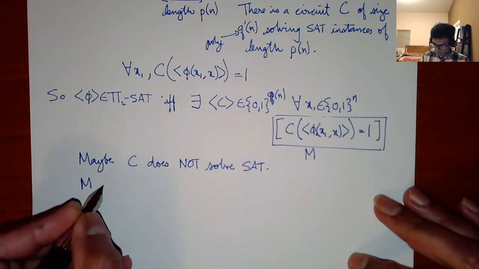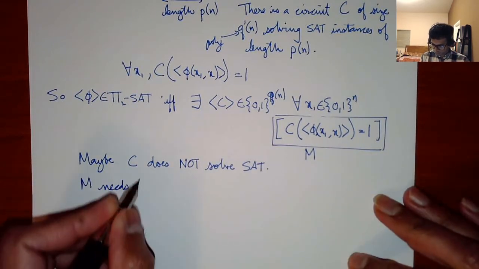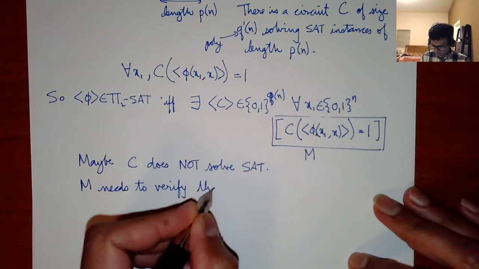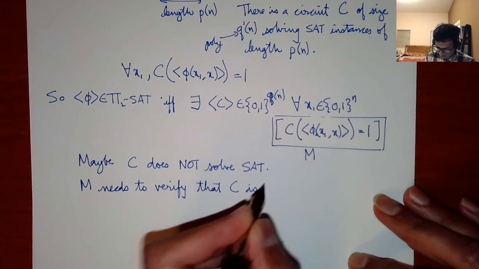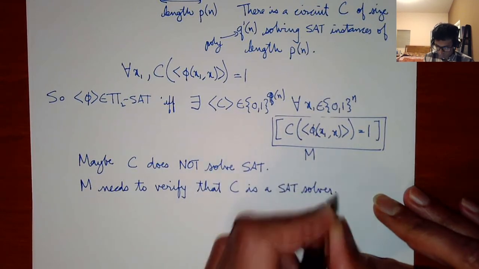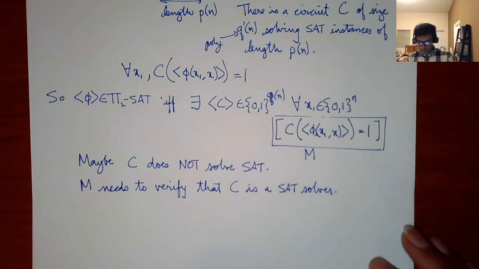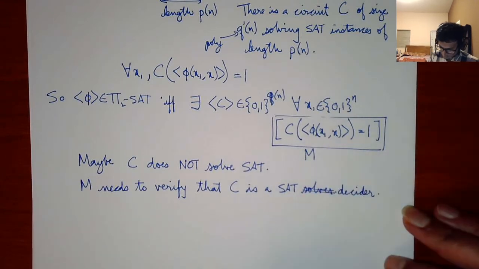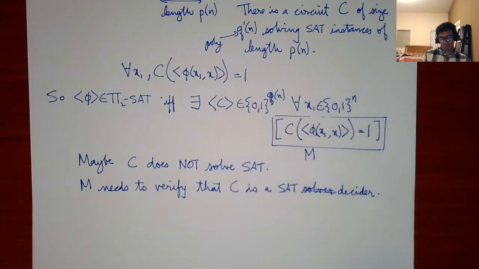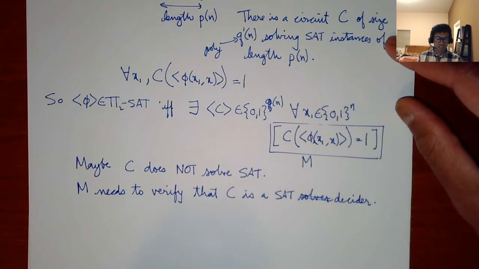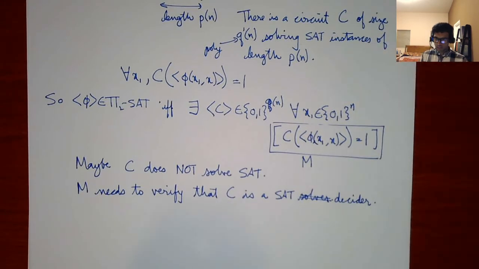M needs to verify that C is a SAT solver. Or actually, I should say a SAT decider. I kind of gave away the next step. So in some sense, this doesn't work, because just because there's a circuit that solves SAT doesn't really help.